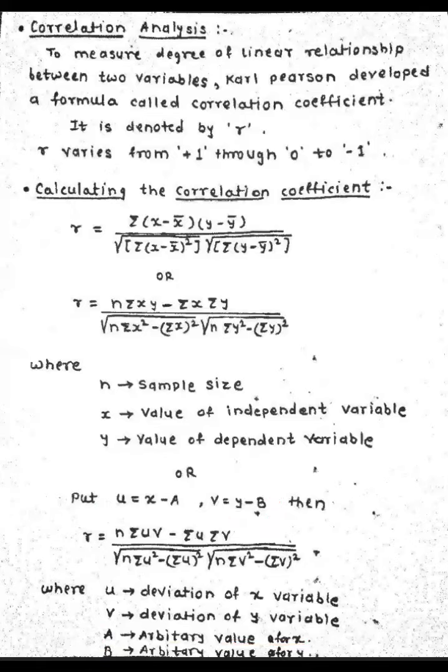that is denoted by v. So here the u and v variables are used to reduce the calculation, and we obtain a new form of the correlation formula.